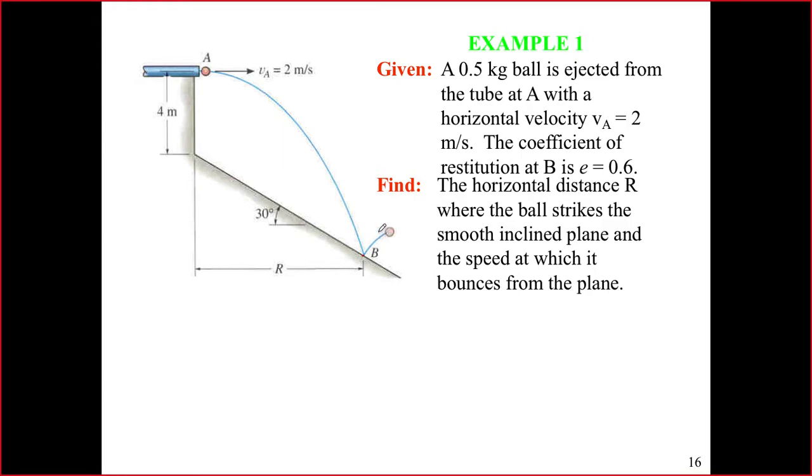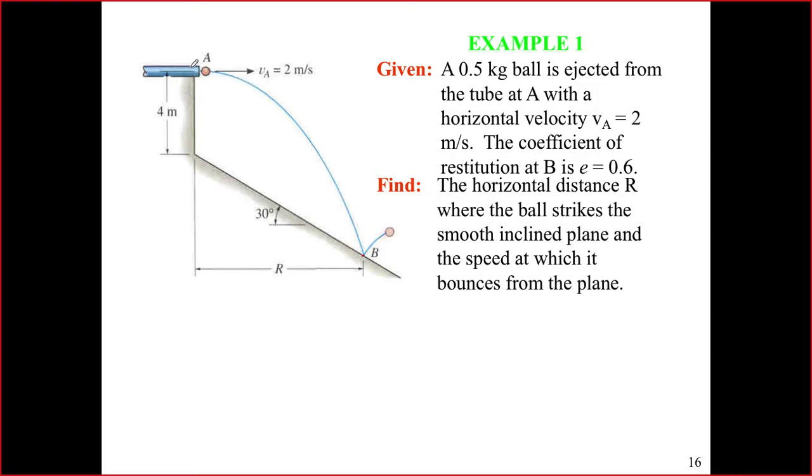If you notice, there are two parts to this problem. One is its motion going from A to B, which is just straightforward projectile motion. There's only an initial impulse applied to it at A, and after that it just falls under the action of gravity.